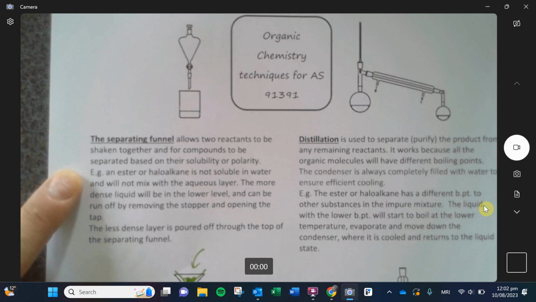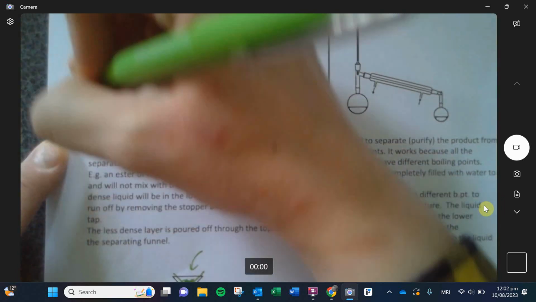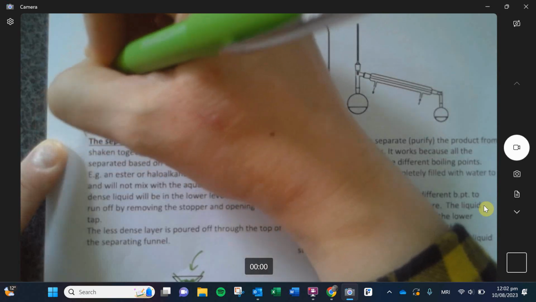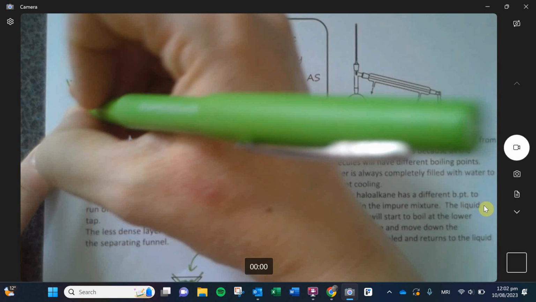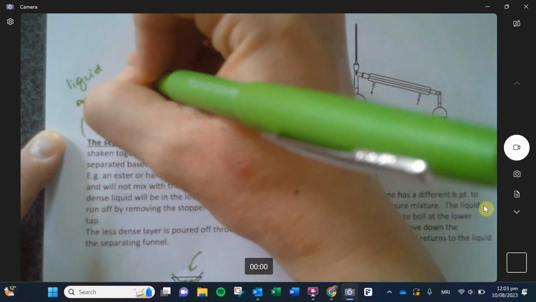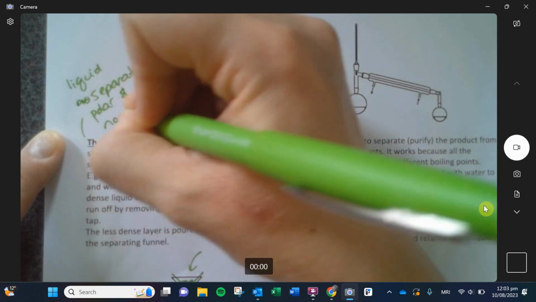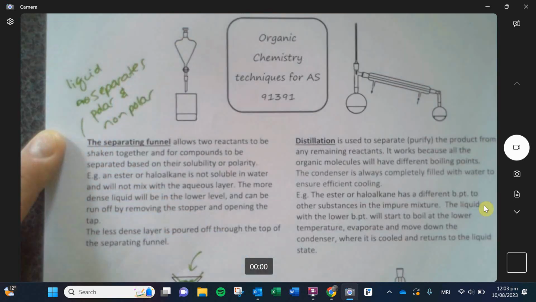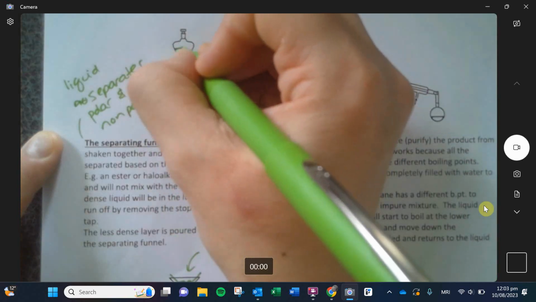The next thing we could use to help separate stuff is going to be a separating funnel. Now, this is only going to work if both of the items in my mixture are liquid. So they need to be liquid. The other thing is that we need to have layers. So we need something that's polar and non-polar. So what happens is, it's just like oil and water.